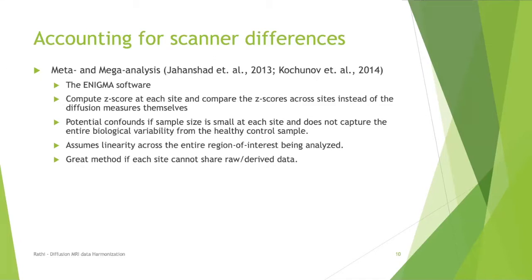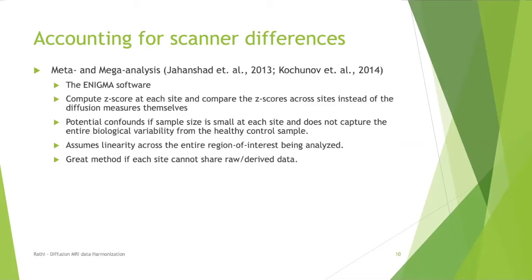The way it works is that you calculate a z-score at each site and for each of the diffusion measures of interest, and then you combine those z-scores together. So instead of looking at the diffusion measures themselves, you're looking at the z-scores after you've computed them at each site.